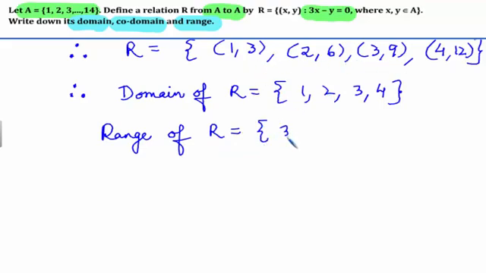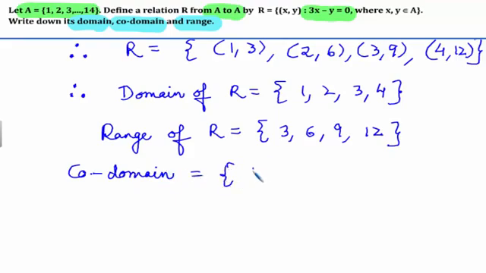So that is 3, 6, 9, 12. And the codomain will be the whole set A, that is equal to the natural numbers from 1 to 14. So we have till 14.